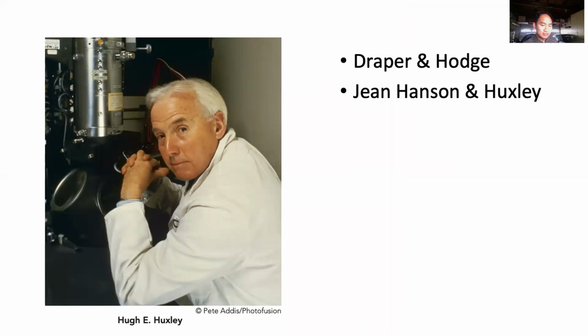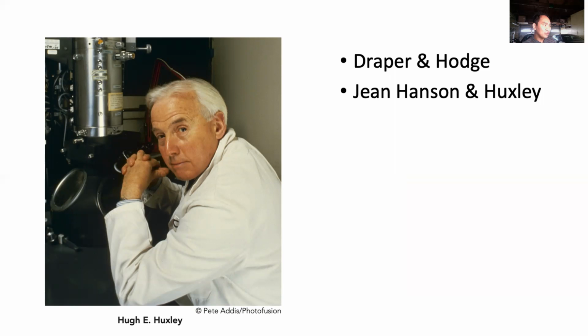Before I talk about this lecture, I was looking on the website trying to find who first identified these muscles and their microscopic structures. I saw 4 persons, but I could only get 1 person's photograph. The first 2, Draper and Hodges, are from Australia. The second 2 scientists, Hansen and Huxley, are from England.